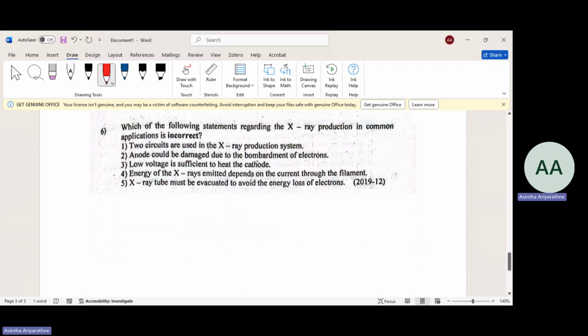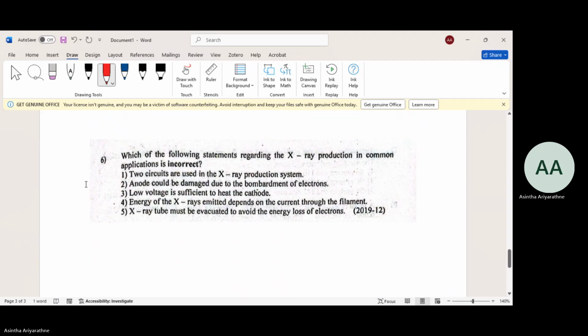Which of the following statements regarding X-ray production in common application is incorrect? Two circuits have been used, yes. The target could be damaged due to bombardment, yes. The voltage is sufficient to heat the cathode, yes. The energy of X-rays emitted depends on the current through the filament.